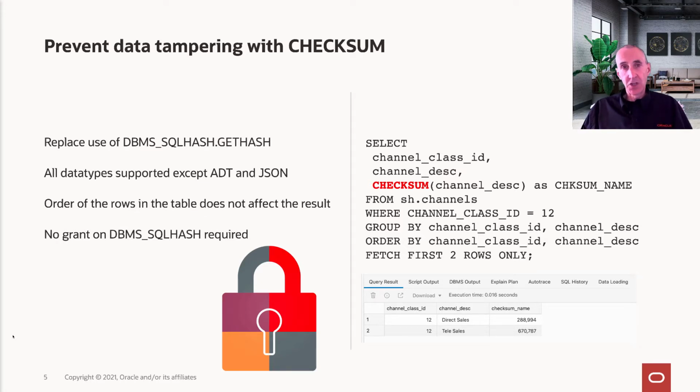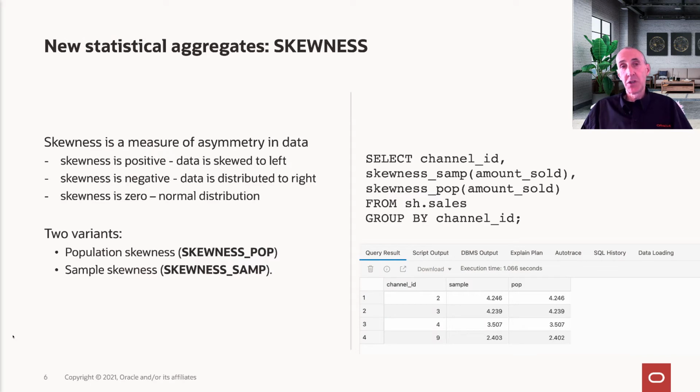You can now use the checksum function. You can just point your developers, your business users, whoever it is, to the SQL checksum function, which works in exactly the same way, but the code's much simpler now. You just call checksum and the column that you want to do the checksum on. And that's it. So that's taking a bit of the load off your shoulders, folks.